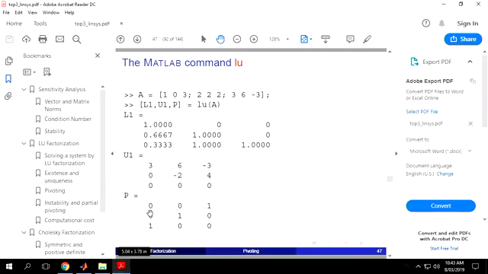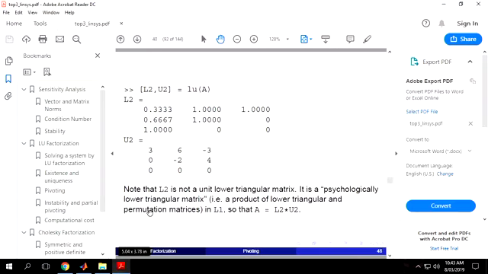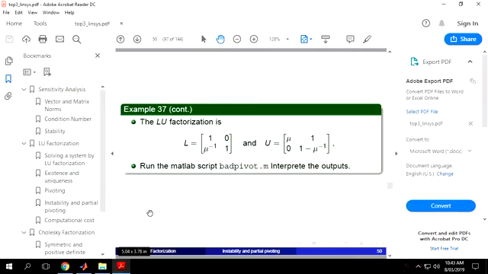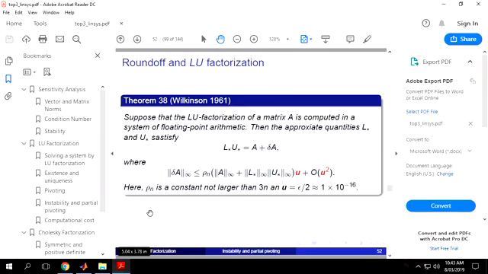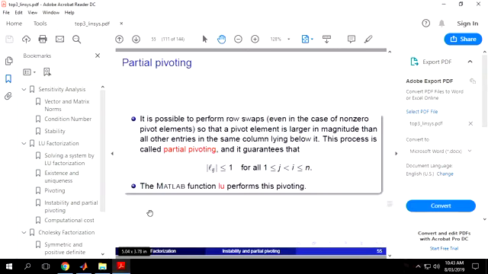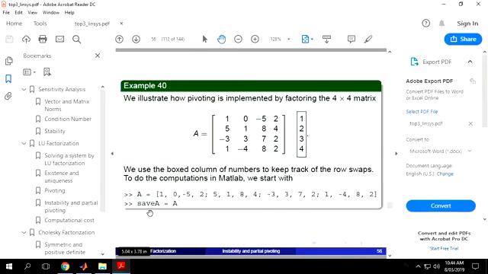When it does the pivoting, it will see which row it needs to swap. In the next slide you will see an example. In the lecture notes and the slide, suppose this is the original matrix.